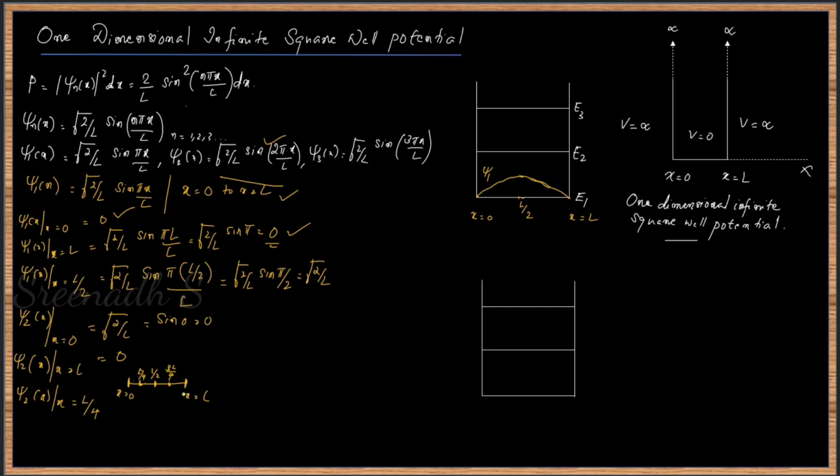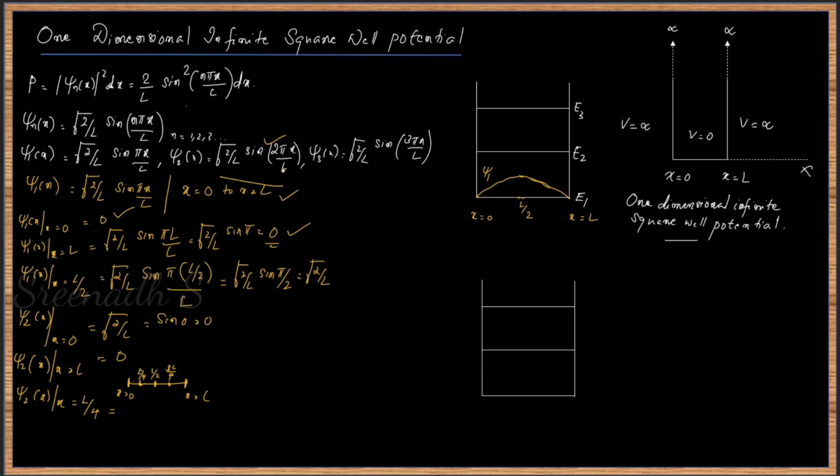So we can find the value for each segment: L by 4, L by 2 and 3 L by 4. And x equal to 0 and x equal to L we have already found. So what will be the value at L by 4? We substitute x equal to L by 4. That becomes 2 pi into L by 4 divided by L, right?